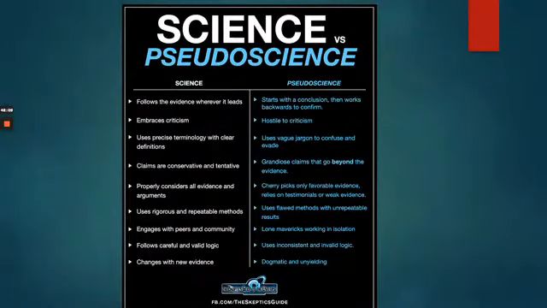Science is precise and clear in its definitions and terminology. Pseudoscience throws around vague jargon. It's hard to pin them down. So they like to be very flexible. So if you say that oxytocin is a moral molecule, what do you mean by moral? What does that mean?